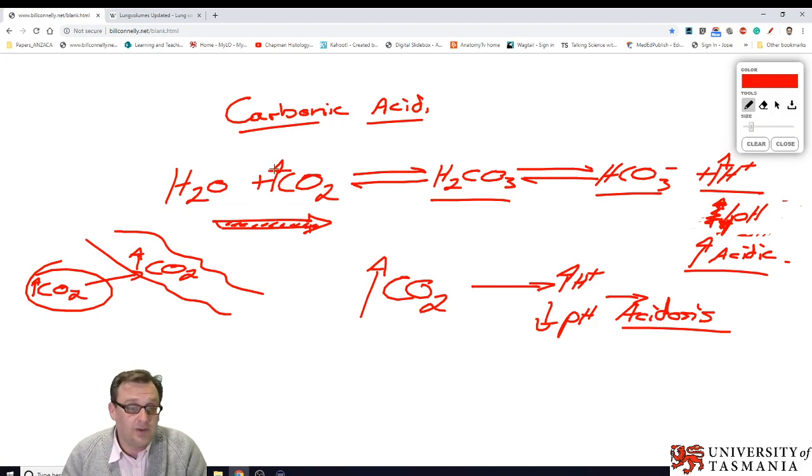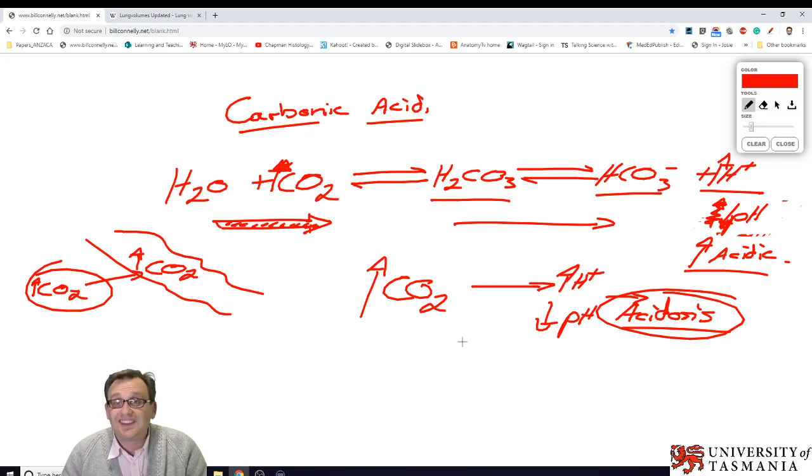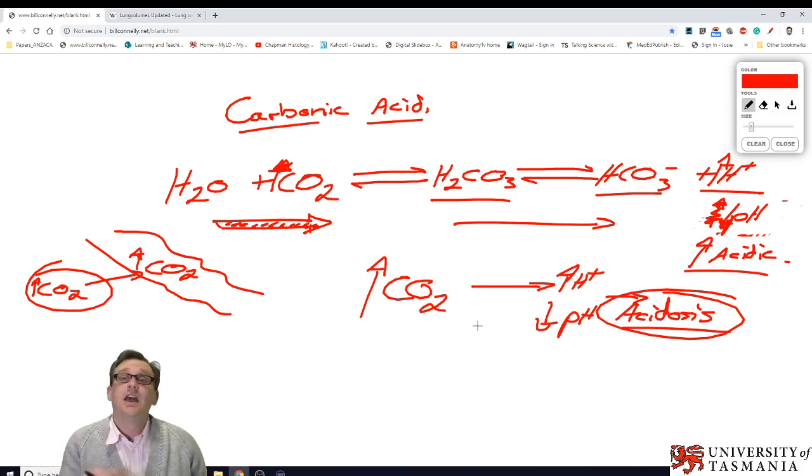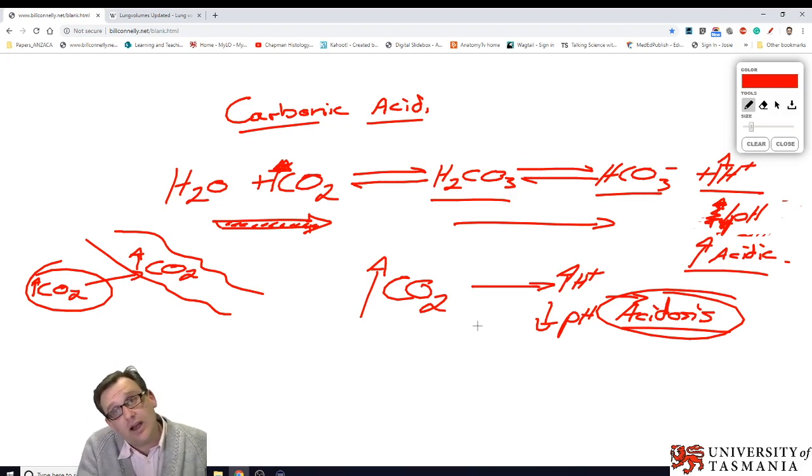So with someone not breathing, we see an increase in carbon dioxide, a shift in this reaction to the right, and as a result an increased acidification of the blood, which is what acidosis means. This can become a problem because a lot of enzymes require very, very specific pH ranges. If we get outside of those ranges, if we become a bit more acidic, they can become denatured and cease to function properly.